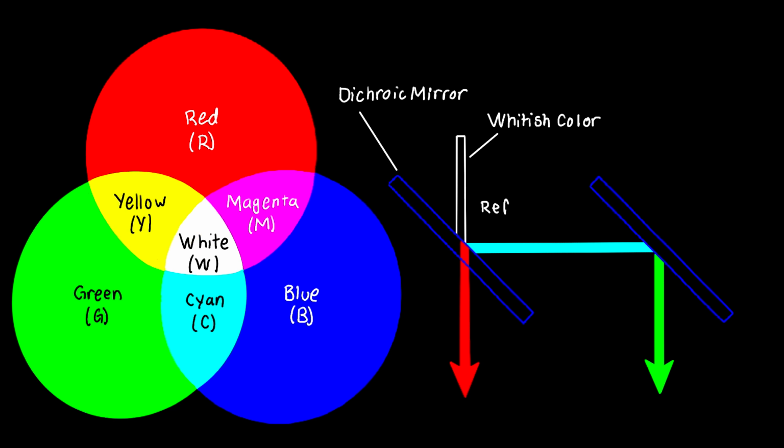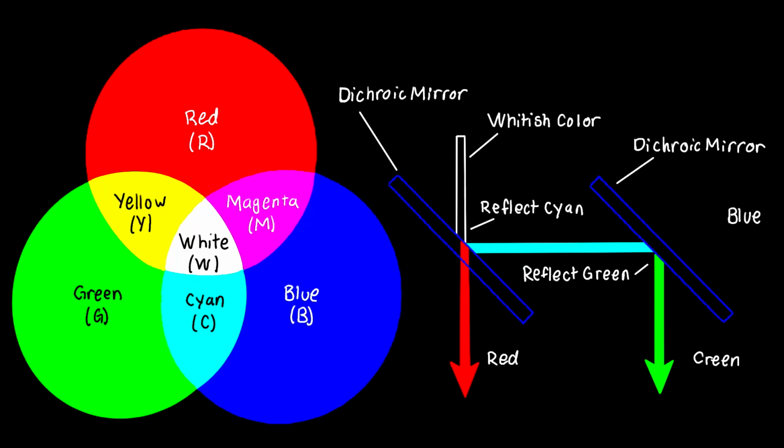DLP, digital light processing, is a technology that uses a digital micromirror device, DMD, to create an image. There are two main types of DLP projectors, 3-chip and single-chip, that use DMDs.